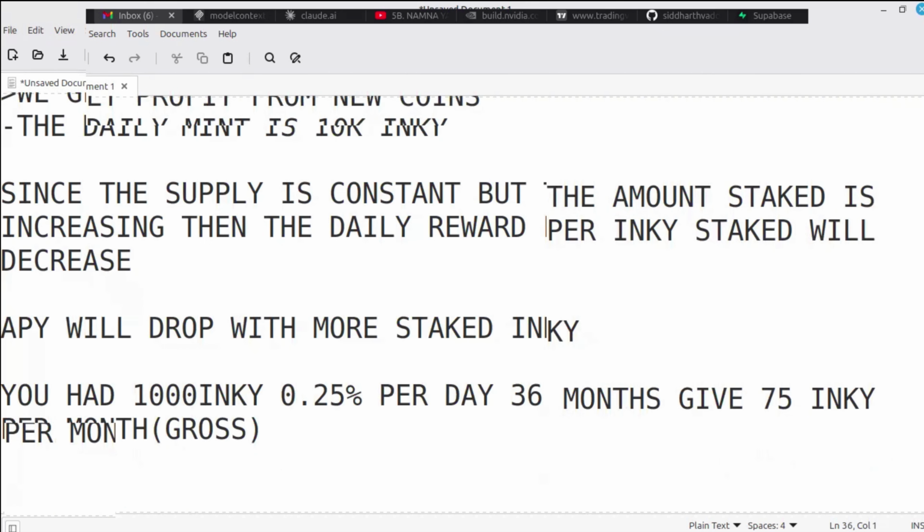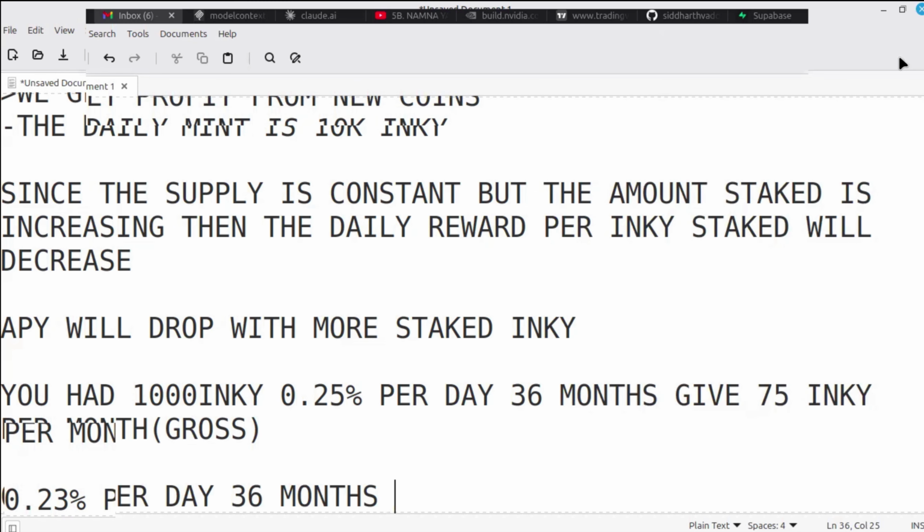Now, if it drops, then we get to a day when we are paid 0.23% per day. Then for the 36 months, we will have 1,000 times 0.23% times 30, which gives 69 ink per month. This is gross.